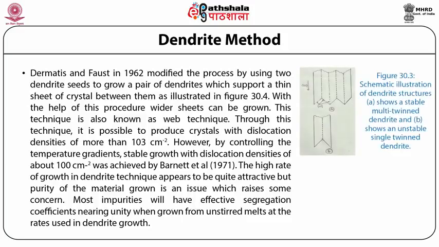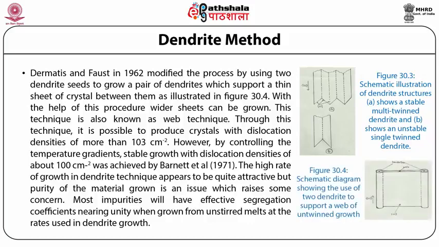Figure 30.3 is a schematic illustration of dendrite structure. In A shows a stable multi-twin dendrite, and in B is an unstable single twin dendrite. Figure 30.4 is a schematic diagram showing the use of two dendrites to support a web of untwined growth.